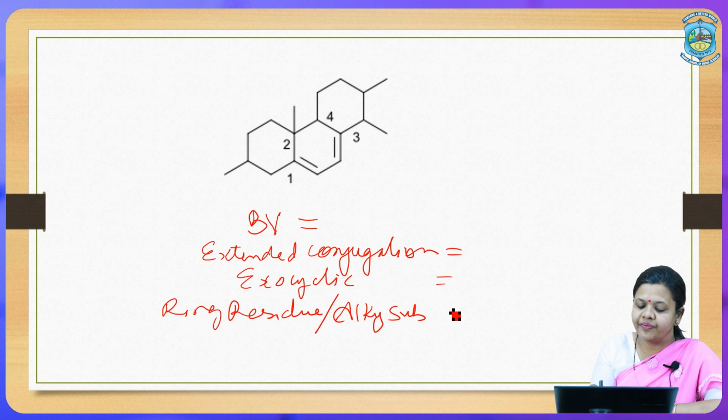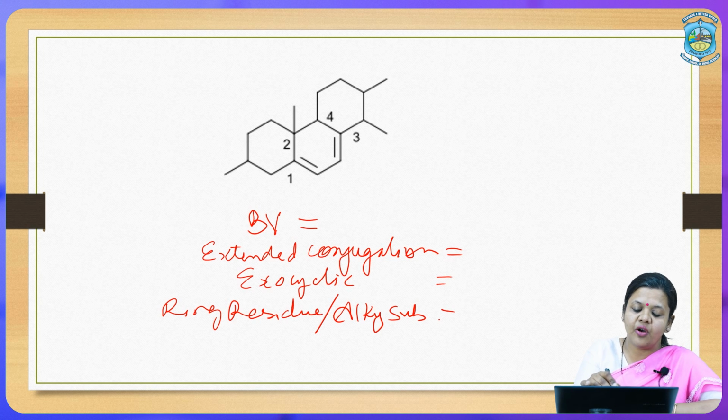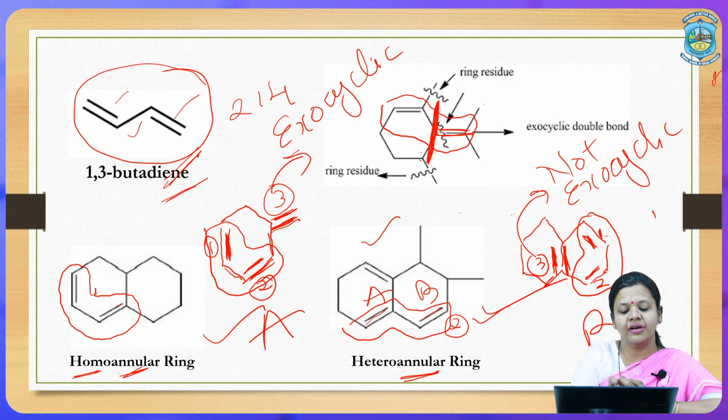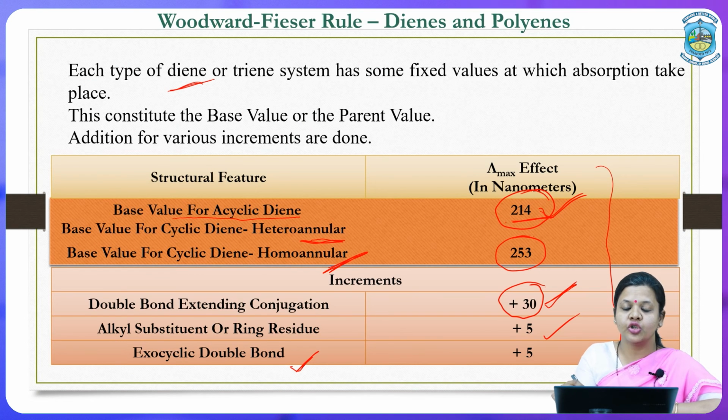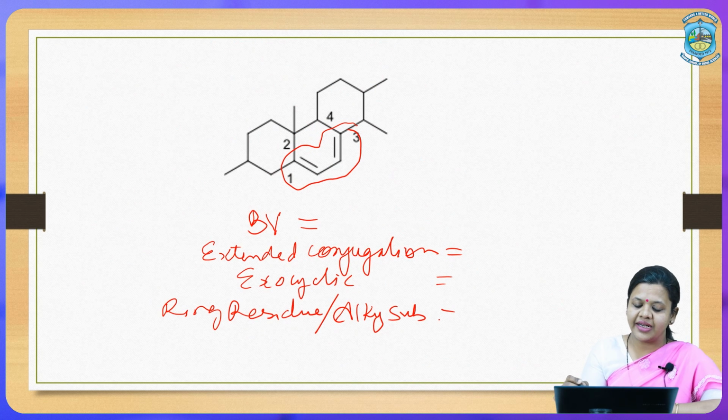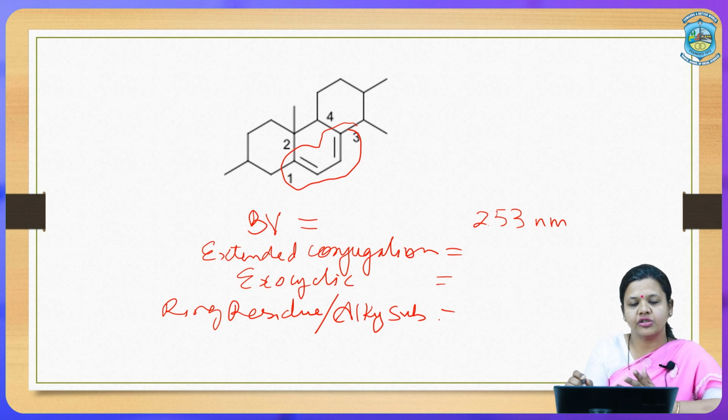Quickly we will see. Now, this is an example of a homoannular ring. The 1,3-butadiene is present in only one ring. So, for homoannular ring, the base value was 253 nanometers, so we will write it over here as 253 nanometers. Here also there is no extended conjugation, so we will omit it.